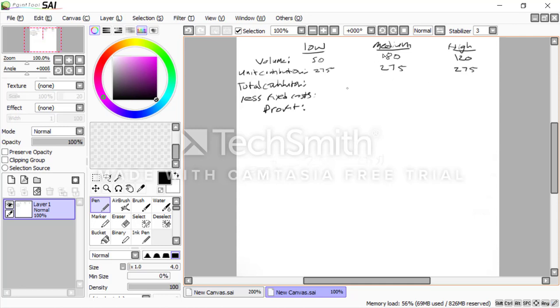Now, we'll look at total contribution, which is simply unit contribution multiplied by volume, and that will give us 13,750, sorry. Here it will give us 22,000, and here we will come up to $33,000. Fixed cost we realized from before is 4,675.